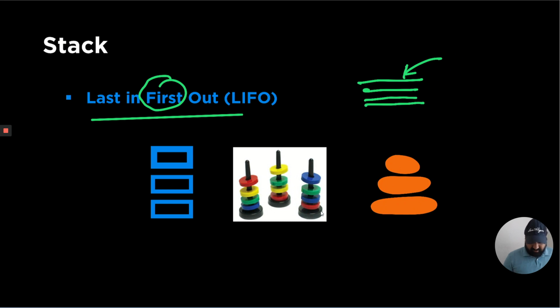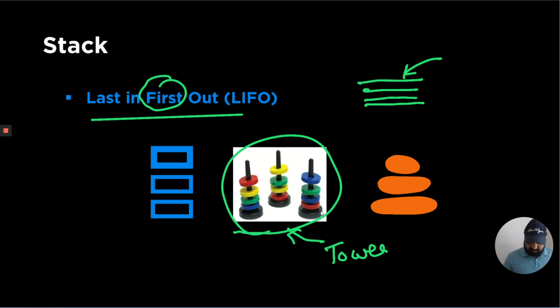In this particular slide, you can see in the center there's this toy which you might have already seen in programming fundamentals 2. This is a common problem of stacks which is called the Tower of Hanoi problem. In this problem, we basically have three pegs and a number of disks.